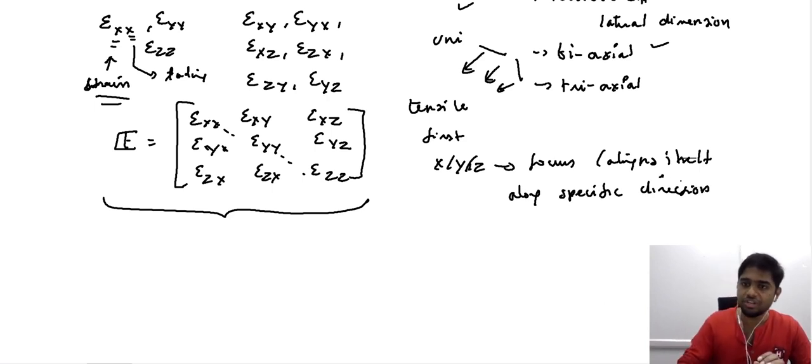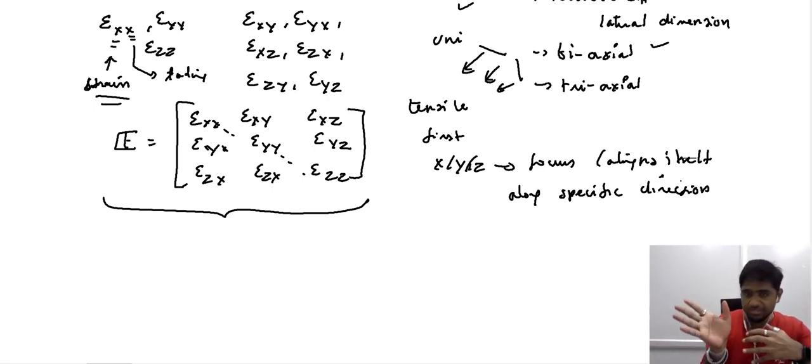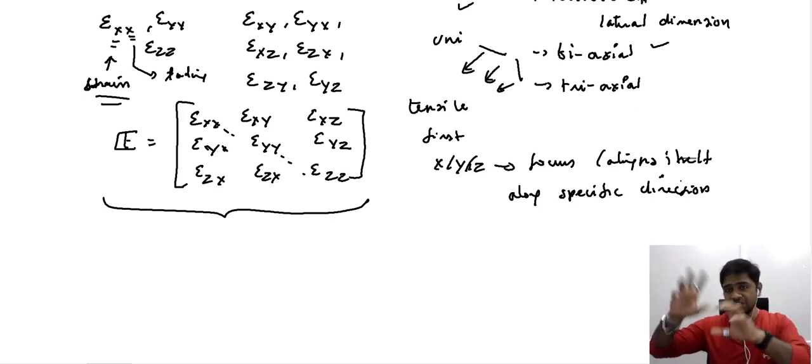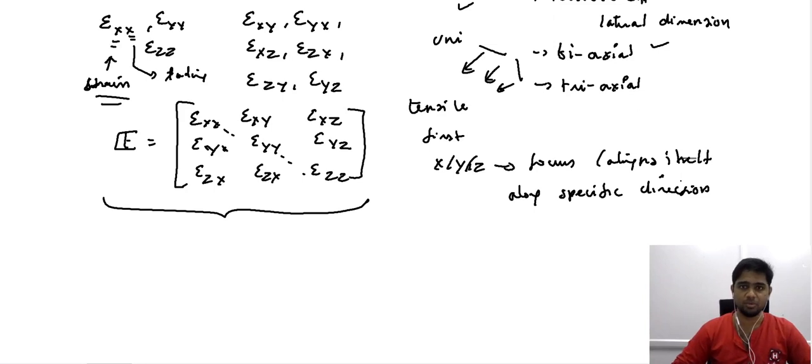So what we are essentially doing is we are considering a specific direction and then we are considering the strain offered by the material in that direction. That is essentially how we have been representing the response offered by the material for the different mechanical conditions that we have been imposing thus far.